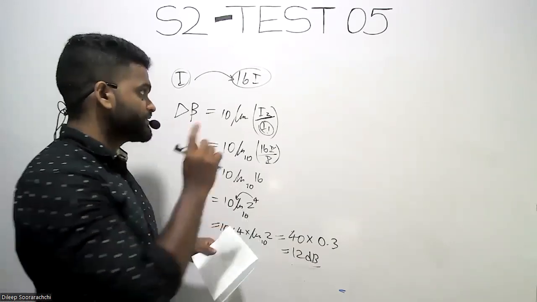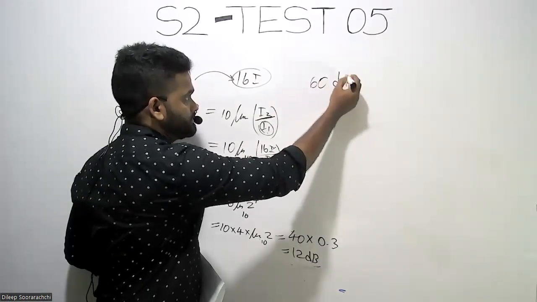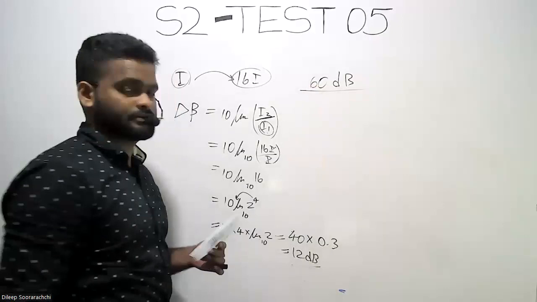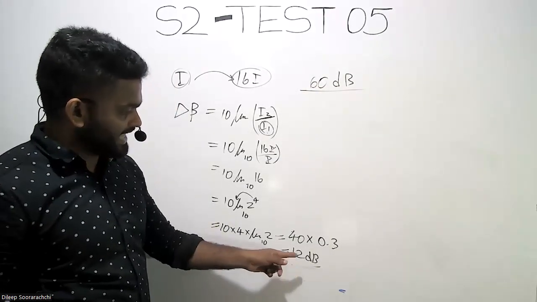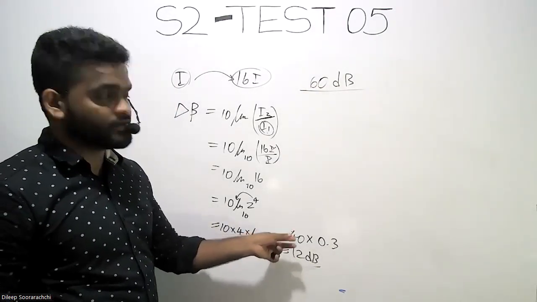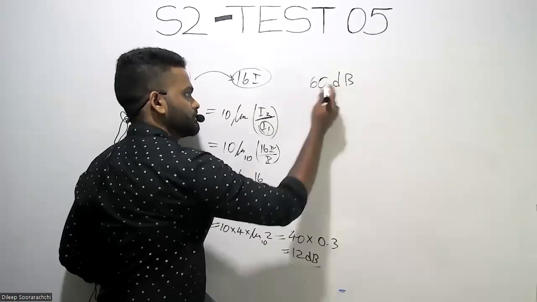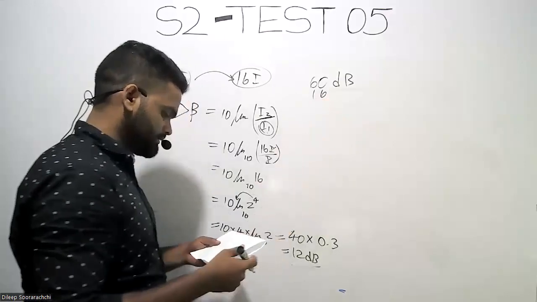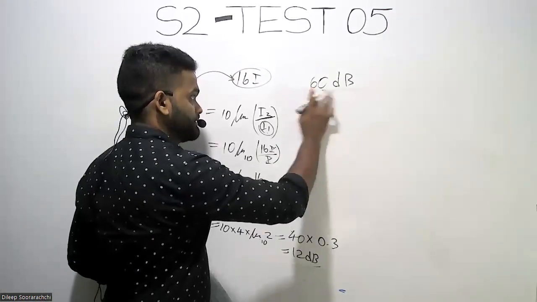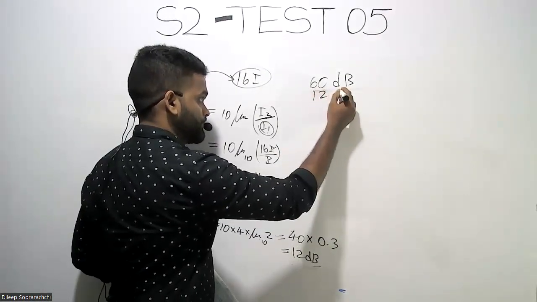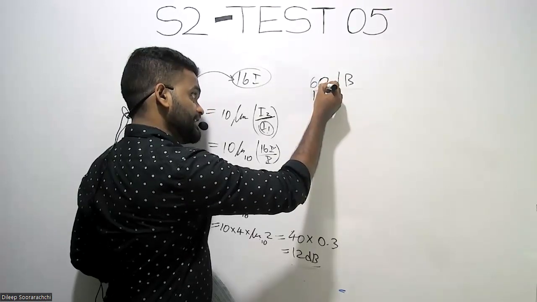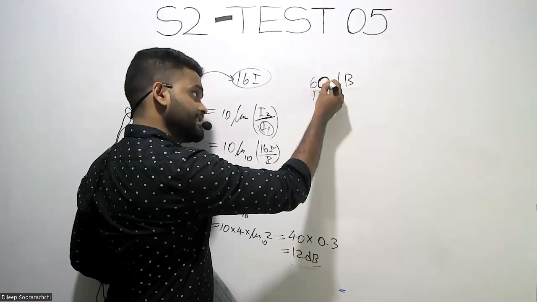One violin causes a 60 decibel intensity level, but that should be increased by 12 decibels if you have 16 violins. So the initial intensity level is 60 decibels.